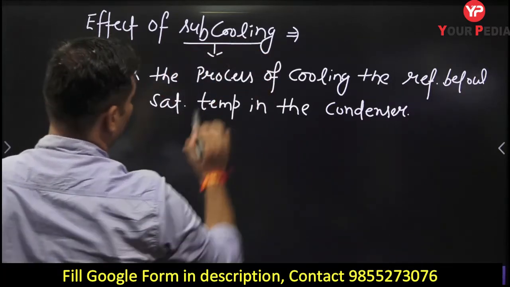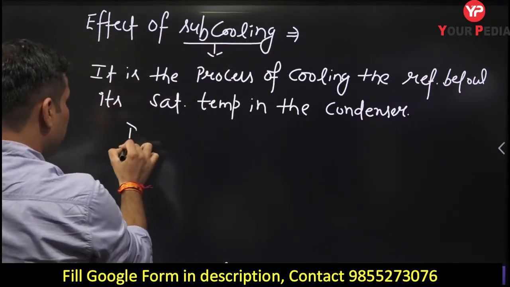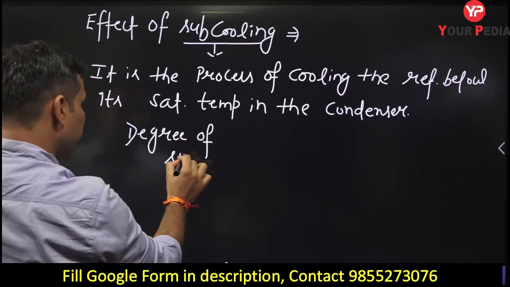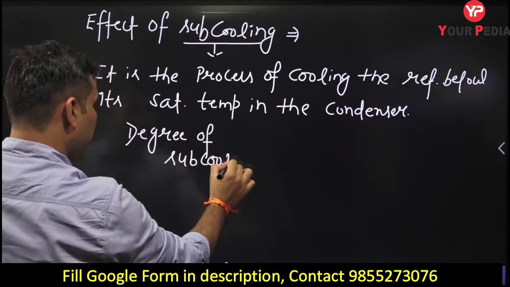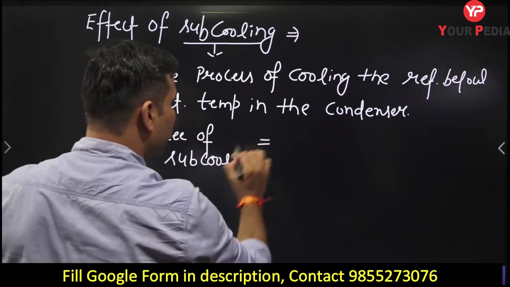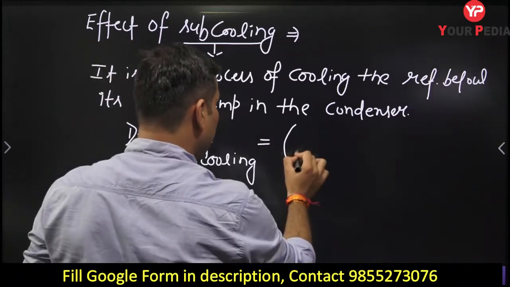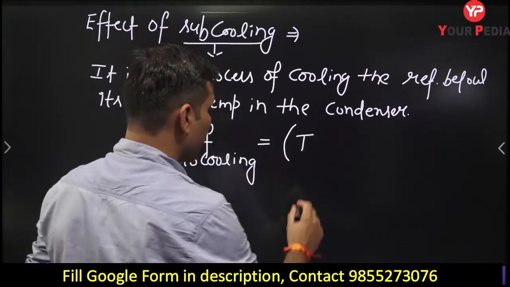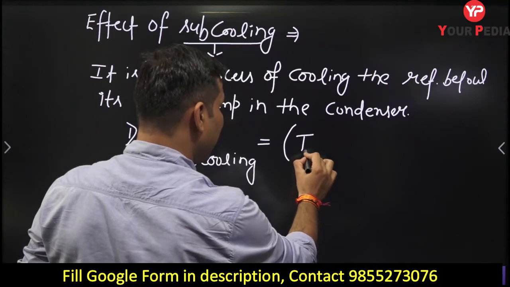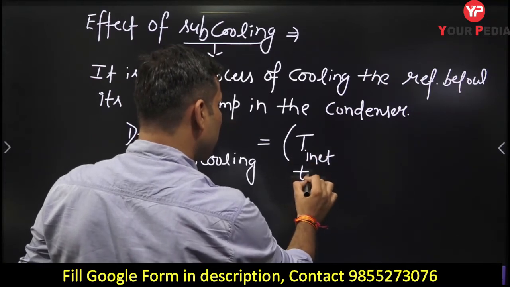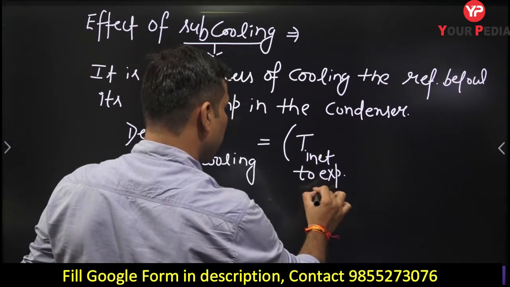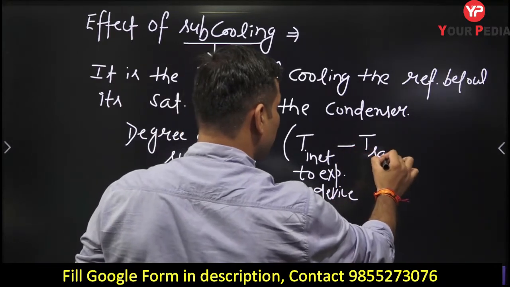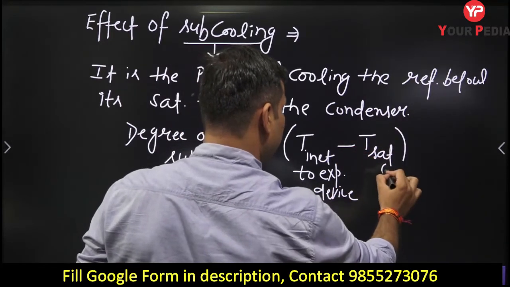In the condenser, if you are cooling the refrigerant below its saturation temperature, then that is known as subcooling. Okay, and what is degree of subcooling, guys? यहाँ पे भी एक word आता है, degree of subcooling. What do you mean by degree of subcooling? This is the temperature at the inlet to the expansion device minus T saturation in condenser.